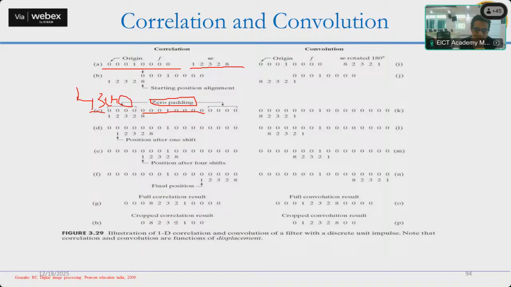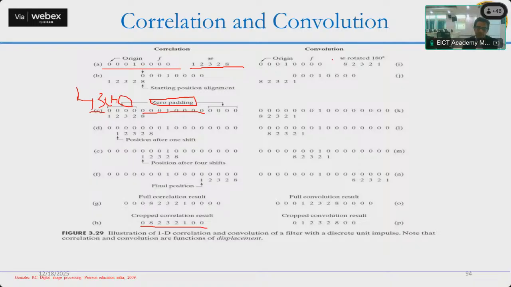To get the same length, we will crop it. We will crop the first two elements and the last two elements here. This way we get the output of the correlation of this one dimensional mask with this one dimensional signal.